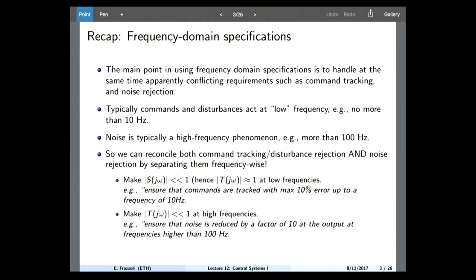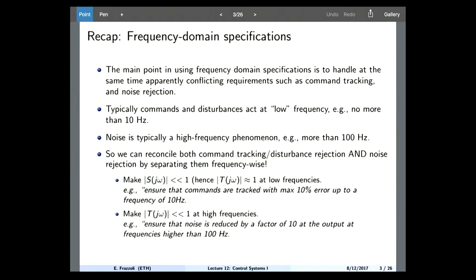Noise, on the other hand, is typically a high frequency phenomenon, so 100 hertz, kilohertz, or more. We can reconcile command tracking, disturbance rejection, and noise rejection by separating these things frequency-wise.